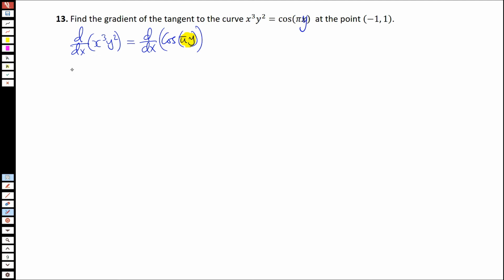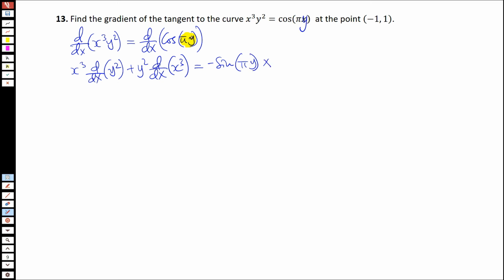So like I said, on the left hand side we apply the product rule, so that will be x cubed d over dx of y squared plus y squared multiplied by the derivative of x cubed, and that should be equal to, now the derivative of cos x is negative sine x, and our x happens to be pi y.